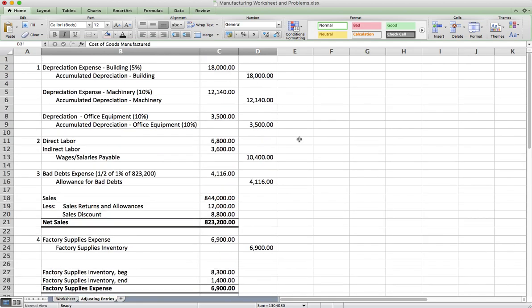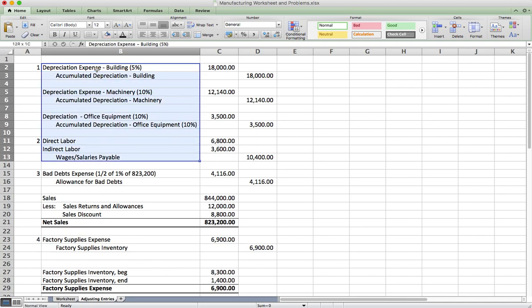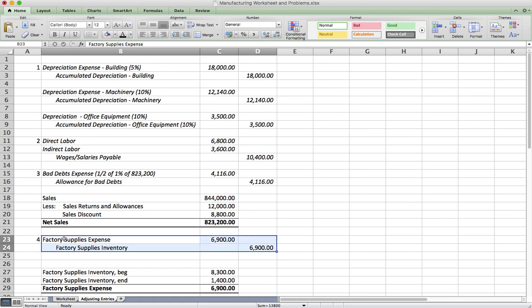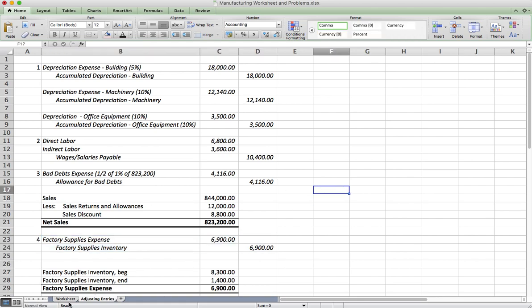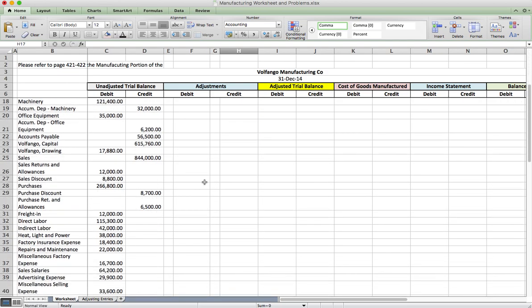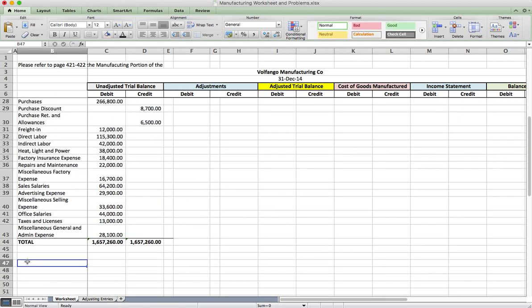Okay, so now we're going to prepare adjusted balance of our worksheet. So, balikan natin yung worksheet natin. Italicize ko lang ito. Okay. Worksheet. Adjustments. May adjustment ba tayo for cash? Wala. Diba? Ano lang yung adjustments natin? Accumulated depreciation, building. So, dito natin lalagay yung adjusting entries.